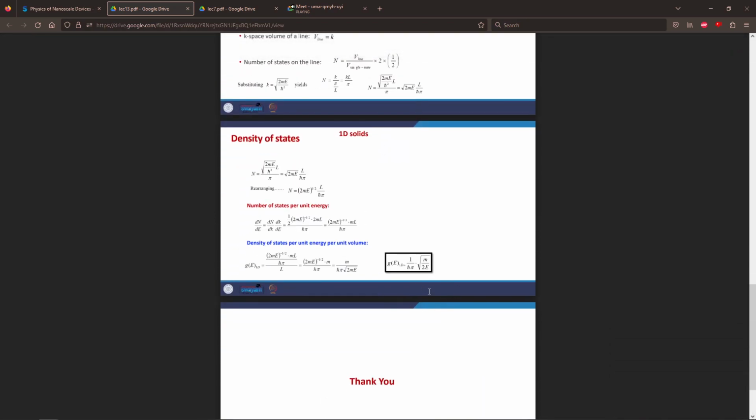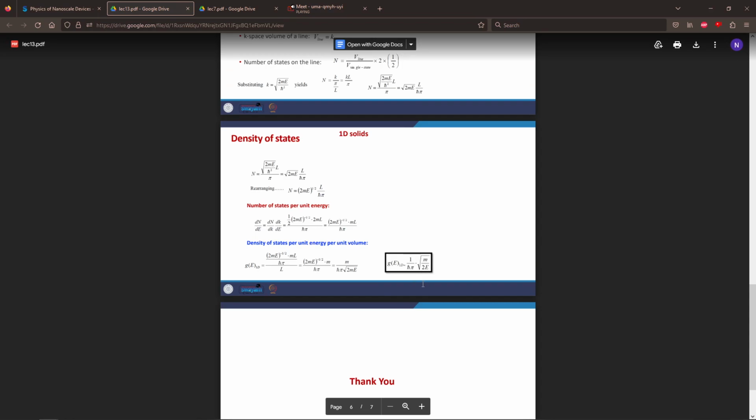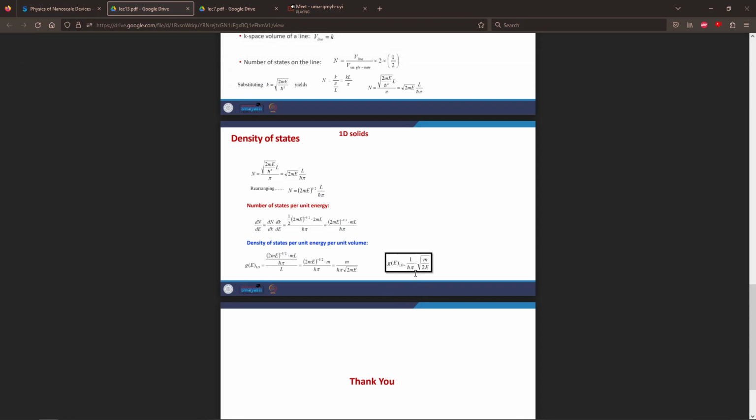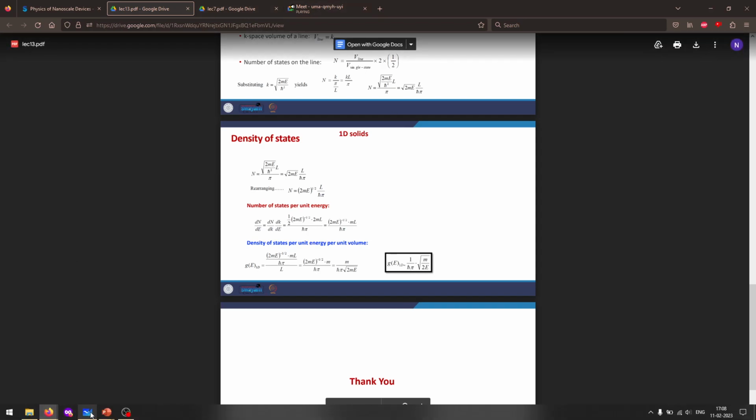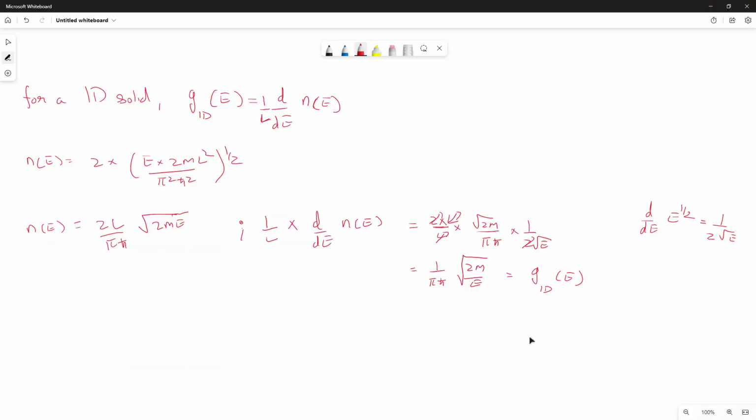There is another factor of 2 here which appears for a different reason. But ultimately, the formula here is 1 by h bar pi m by 2E, and we get a similar expression over here up to a factor of 2.